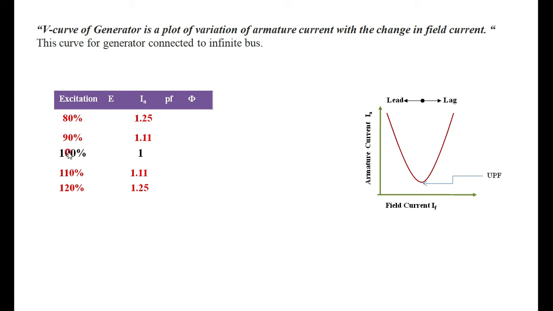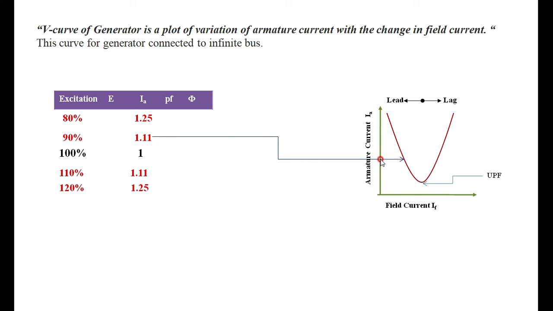Now what I am doing here? I am reducing the excitation. This is 100% here. Then if you are reducing, it has to come over here somewhere. That is the unity power factor. Then if you are reducing the excitation, this corresponds to 90%. Then for 90% of the excitation, what is my armature current?